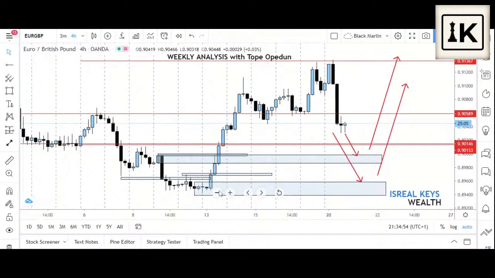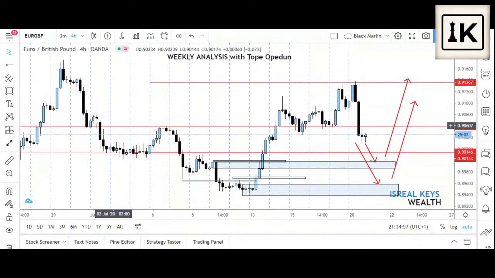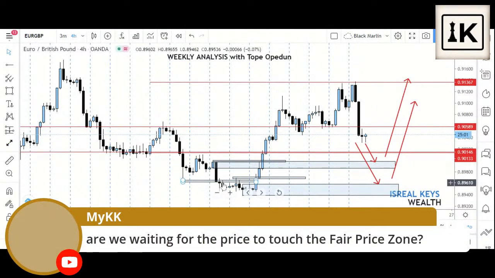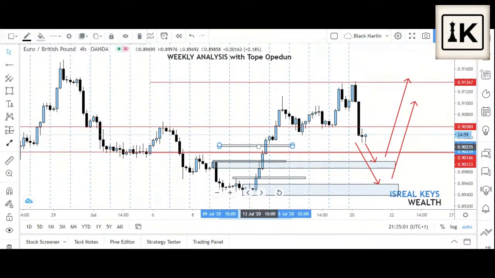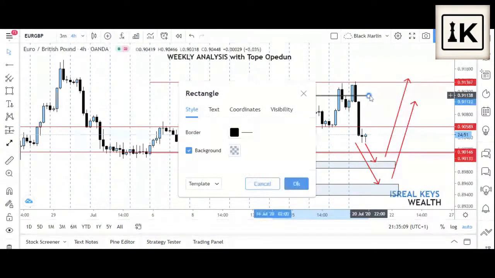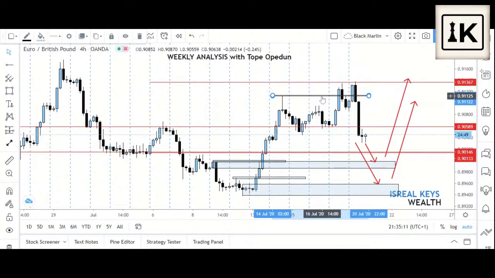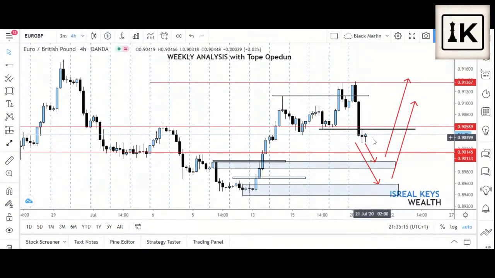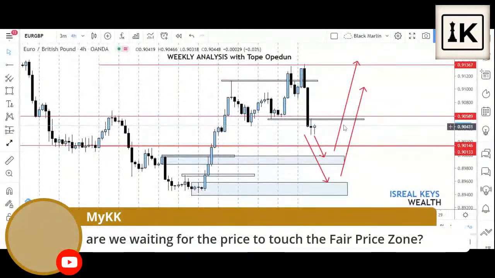So we kind of have a different setup now. You can see this significant high over here. Price rallied past it, and then we have a market structure break at this level.